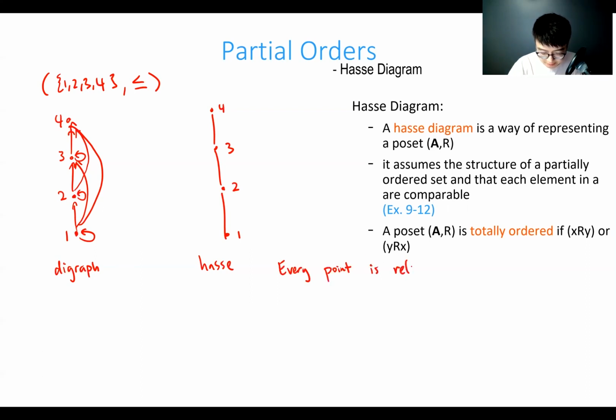In a Hasse diagram, every point is related to all points above it. Remember what related to means: it means has an arrow pointing to. So every point, we'll call it x, is related to all points above x that it's connected to.